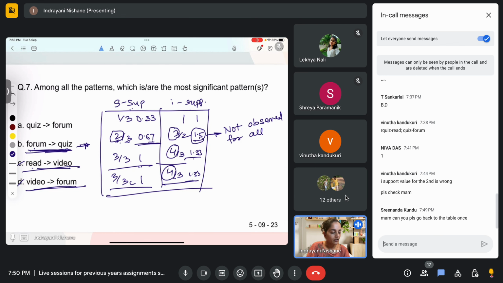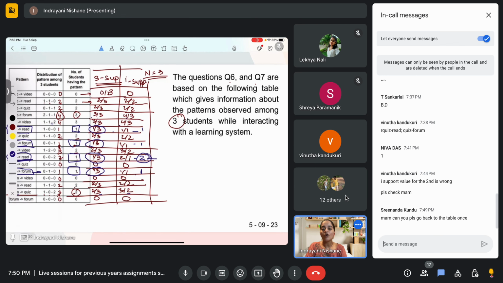Yes, Srinanda, look at the table. It shows for how many students that particular pattern is observed, the number of students having that pattern. If this number is higher, that pattern is observed for that many students, and here their n is 3.